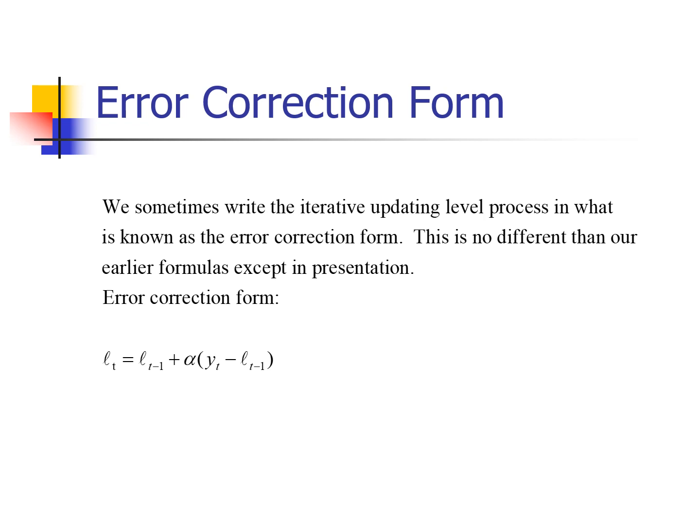So what I thought the level was, plus some fraction of the error or the residual, right? So y sub t minus L sub t minus 1 is what? That's the residual, that's the error.